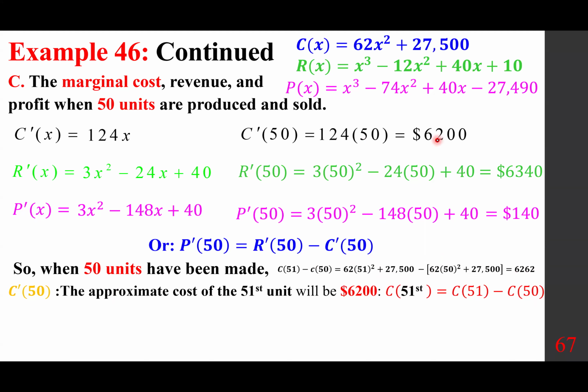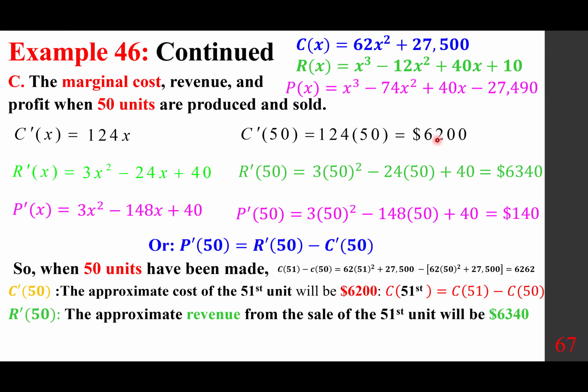Same thing for the other two. R prime of 50 is the approximate revenue from the sale of the 51st unit. It's about 6,340. Again, exactly like that? No. If you want R of the 51st unit, that would be R of 51 minus R of 50.